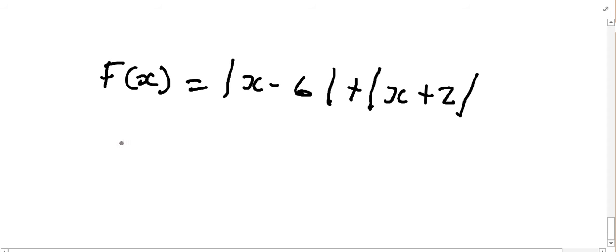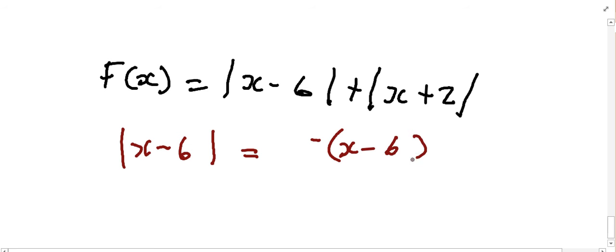Okay, so what I'm going to solve has a certain part which I'll also solve later on. The first thing I'm going to explain is x minus 6. The absolute value of x minus 6 can be written as negative x minus 6, and it can also be written as positive x minus 6.